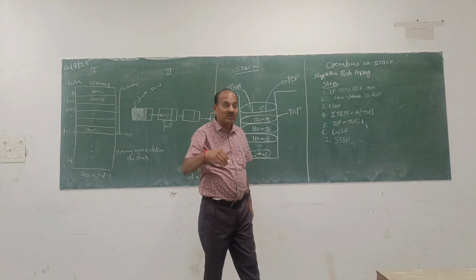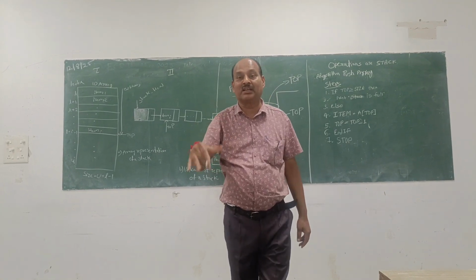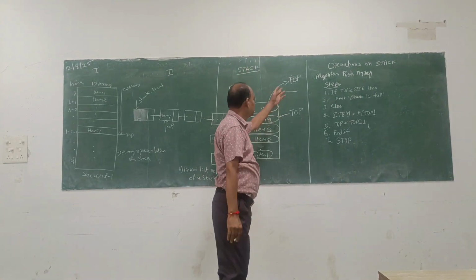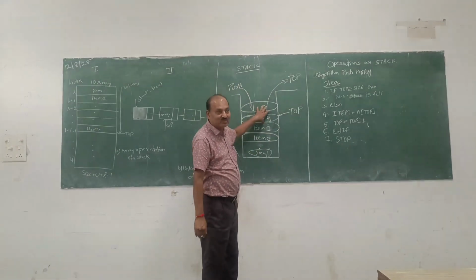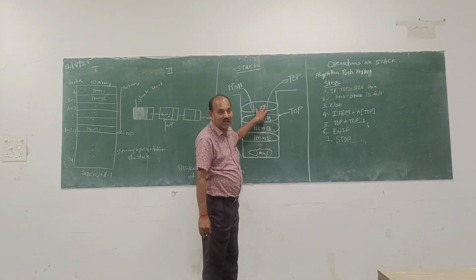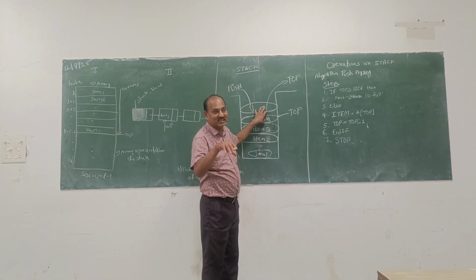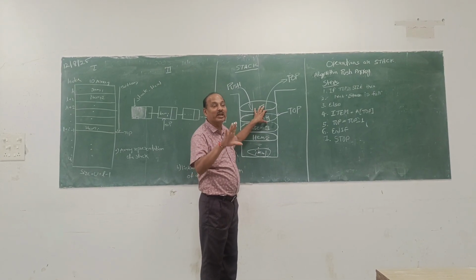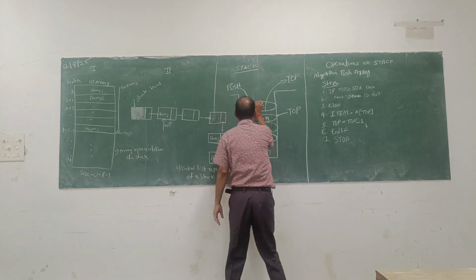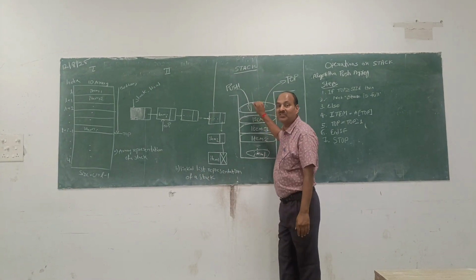When you delete or extract these items, that is called a pop. When you have put the last item 5 at the top and you want to remove an item, you are only able to remove the top item, that is item number 5.